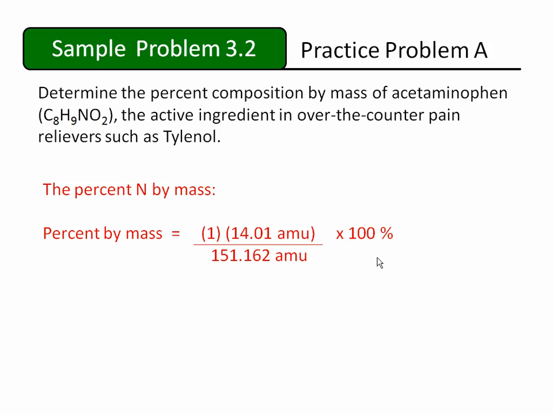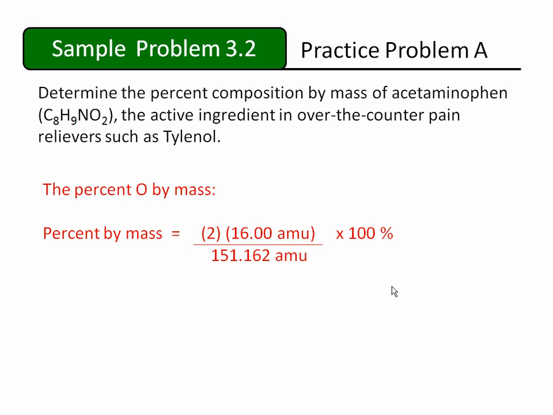Our percent nitrogen by mass will be the mass of 1 nitrogen atom divided by 151.162 AMU times 100%. This calculation is 9.2682023%. This is also rounded to 4 significant figures, and we end up with 9.268% nitrogen in acetaminophen.